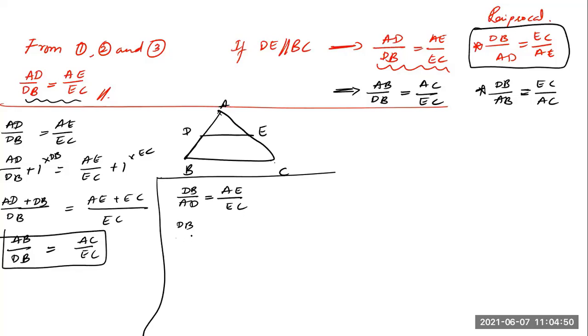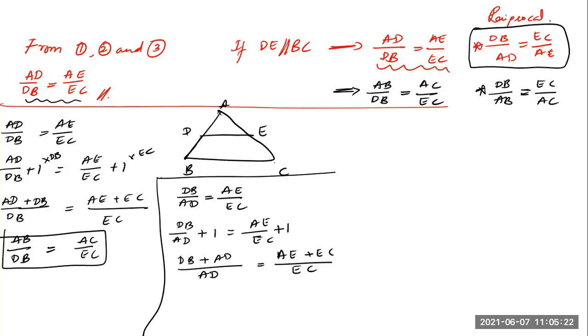DB by AD plus 1, AE by EC plus 1. So this is DB plus AD divided by AD is equal to AE plus EC divided by EC.